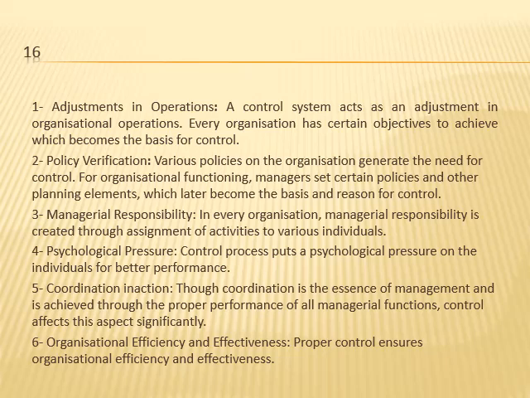Number 1, adjustments in operations. A control system acts as an adjustment in the organizational operations. Every organization has certain objectives to achieve, which become the basis for the control. It is not only sufficient to have objectives, but also to ensure that these objectives are being achieved by various functions.